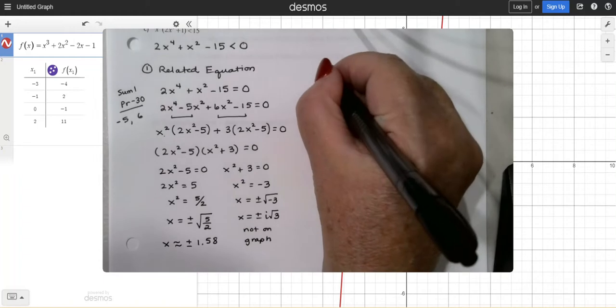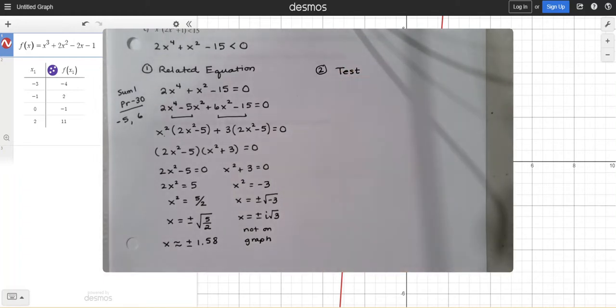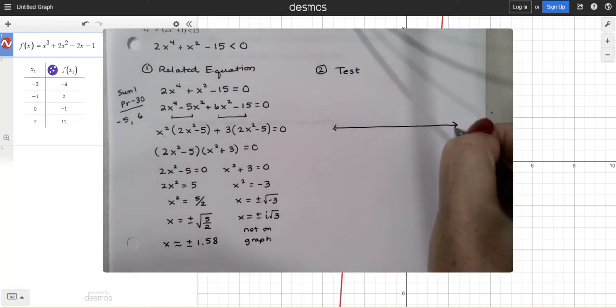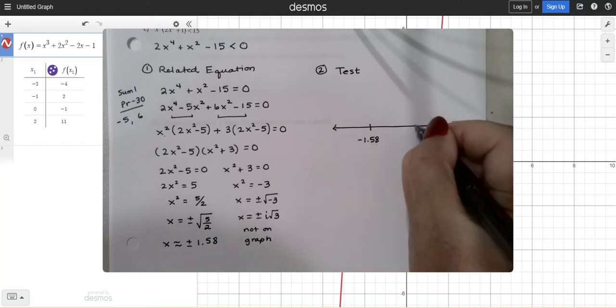All right, we're ready to test. I'll put my only 2 real solutions this time on my number line. Negative 1.58 and positive 1.58.